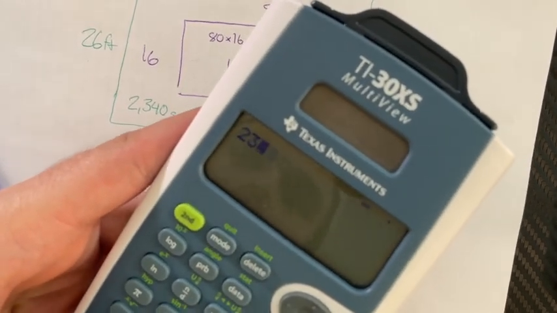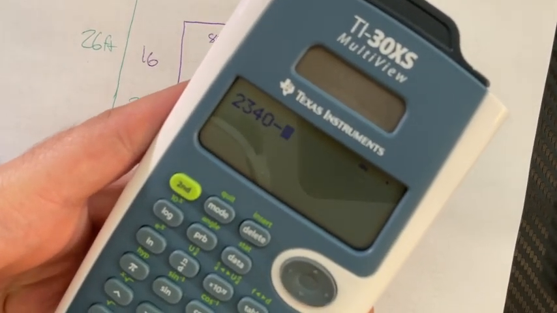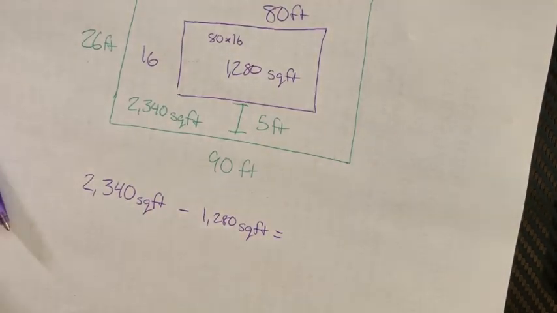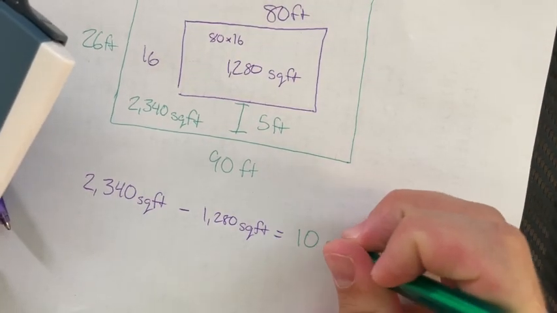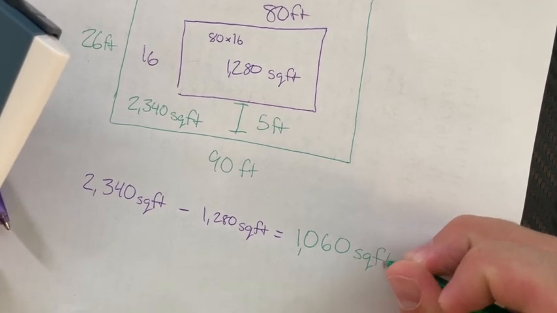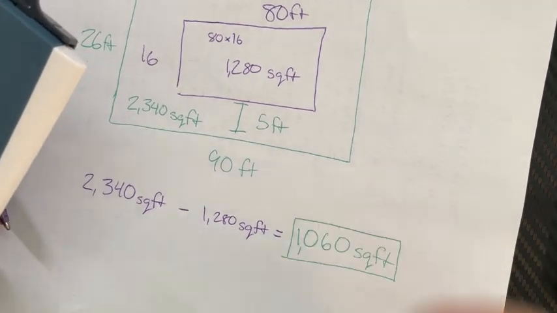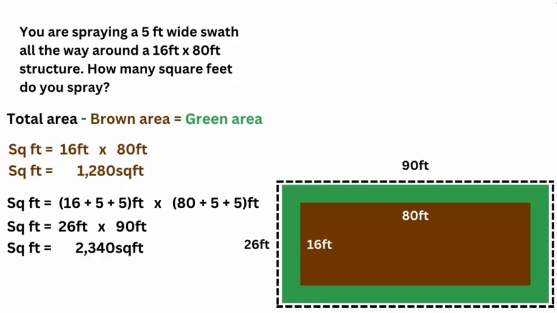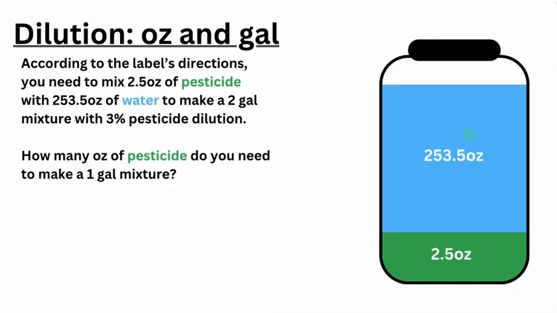So we're doing 2,340 minus 1,280 equals 1,060. So 1,060 square feet is the area to be treated. That is your answer, 1,060. So let's go back to the PowerPoint. Total minus brown equals green. 2,340 minus 1,280 equals 1,060 square feet.